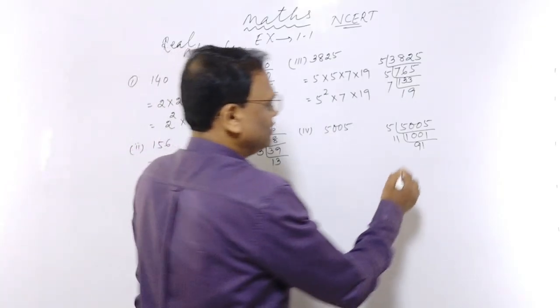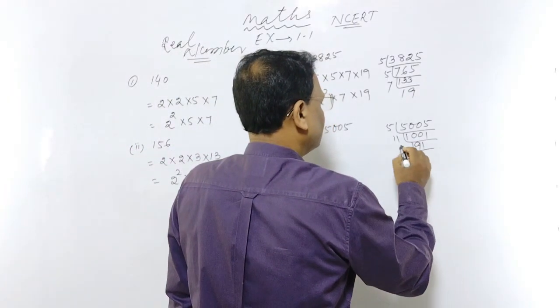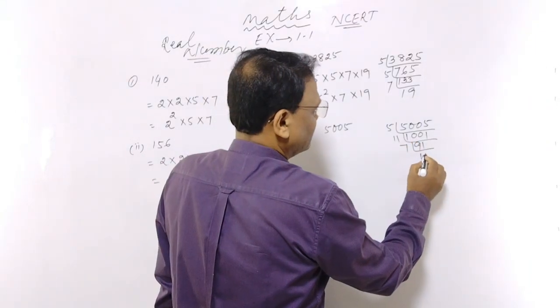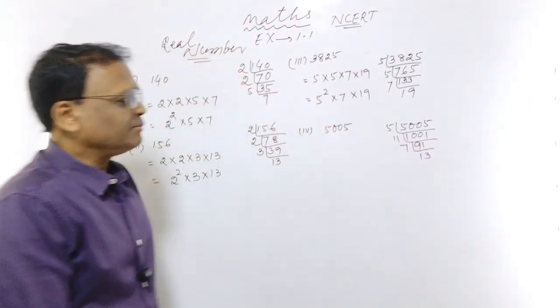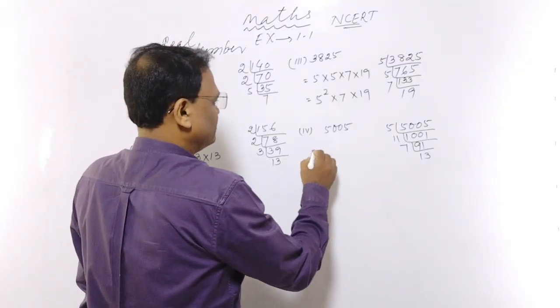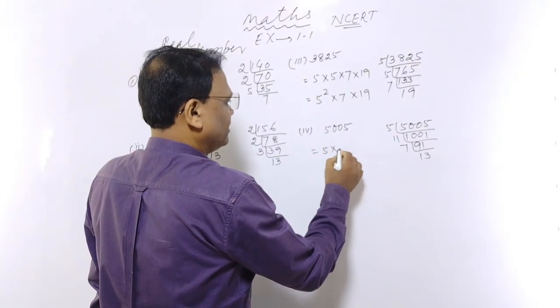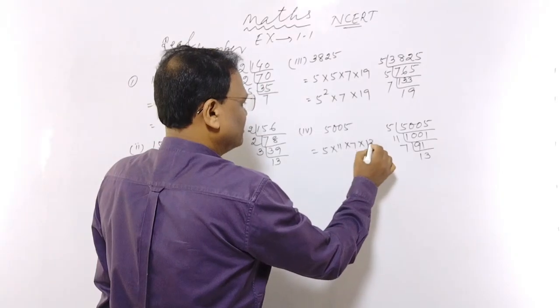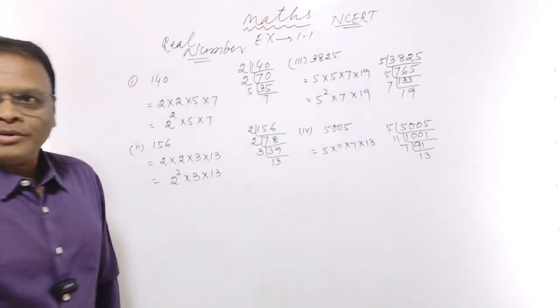Now this 91 comes in which table? You can take 7, 7 1s are 7, 2 remain, 21, 7 3s are 21. So these are the prime factors of 5005. So this equals 5 into 11 into 7 into 13. This fourth one is over.